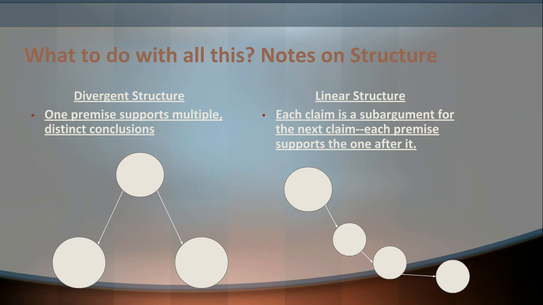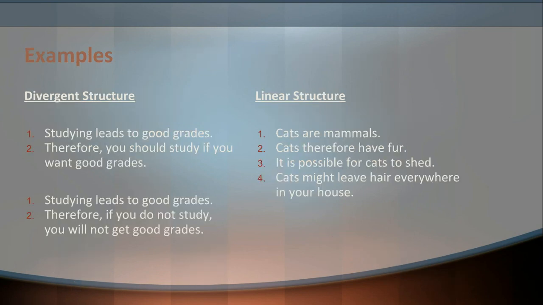Linear structures, by contrast, instead link the different premises together much more tightly and in a single chain, literally like a chain, in which each claim is a sub-argument for the next claim. Each premise supports the one that comes after it. If it helps, here's a couple of examples of these.